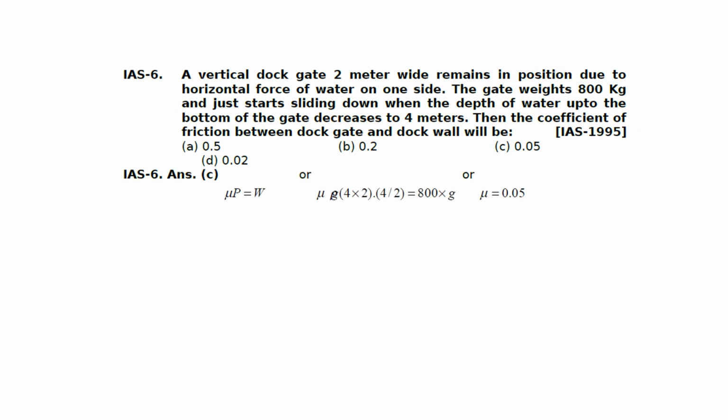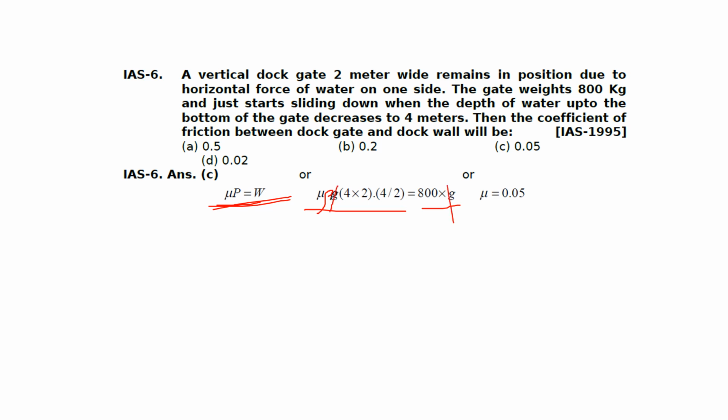So mu P is equal to W. P is the hydrostatic force, that is rho g A x bar. So we put here rho g A x bar, and the g will cancel out.